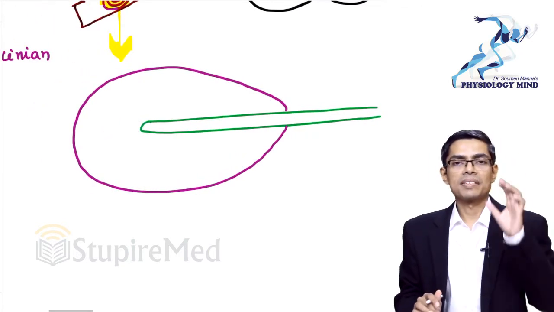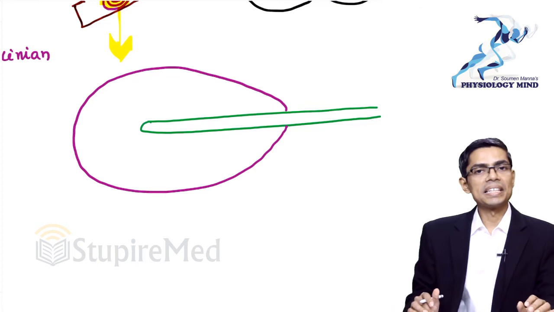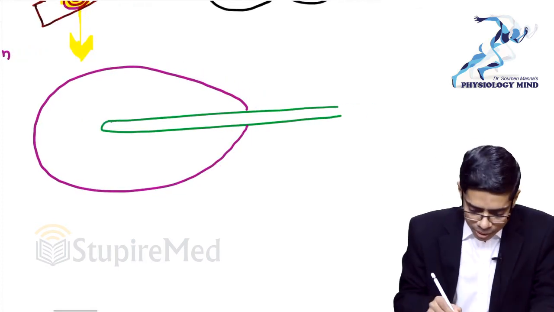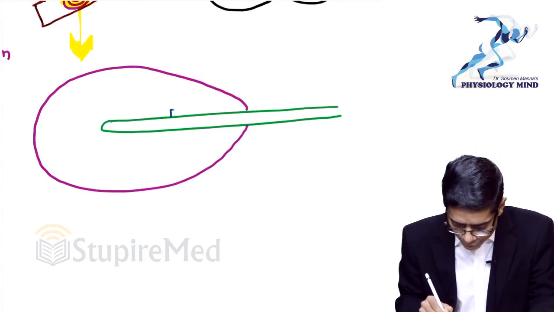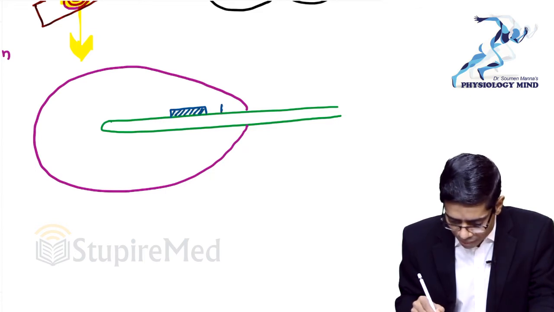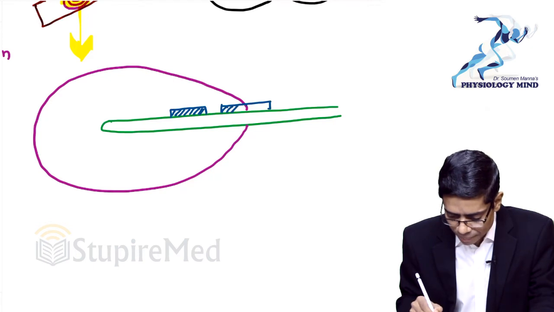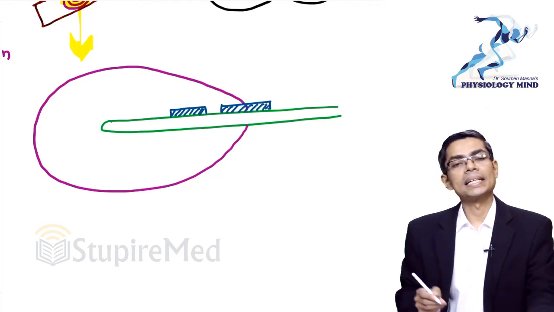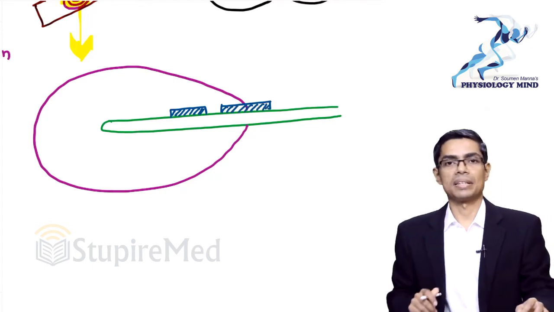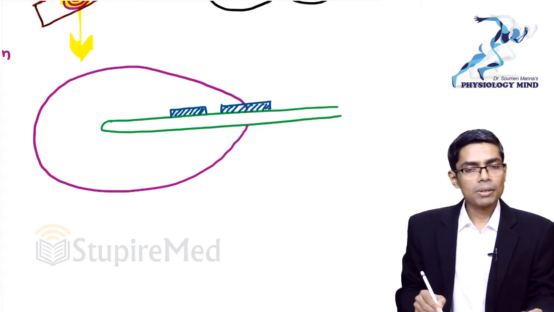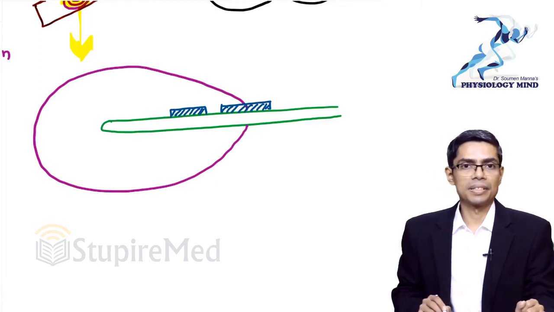Obviously Pacinian corpuscle is responsible for touch and pressure. They are mainly myelinated neurons. So suppose this is the myelination I am drawing. Note down that the first node of Ranvier is always located within the receptor.